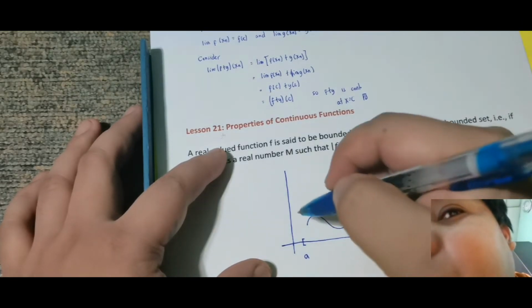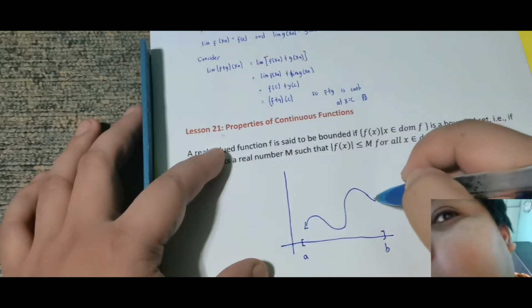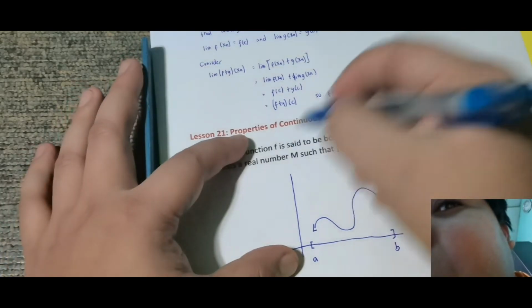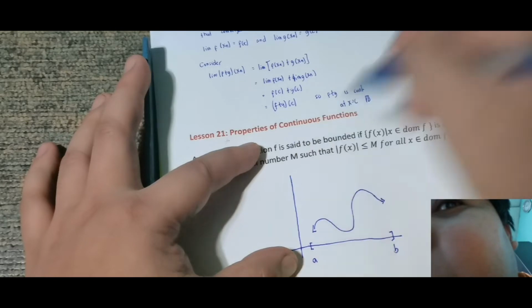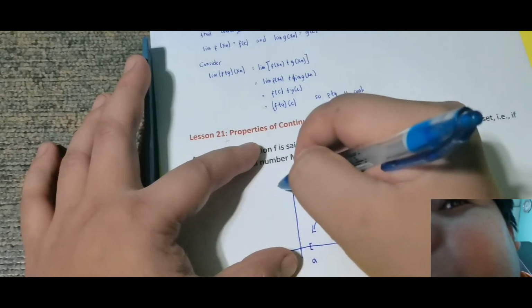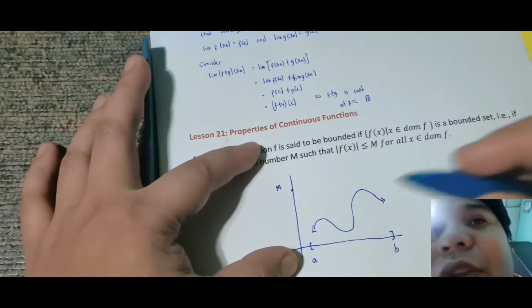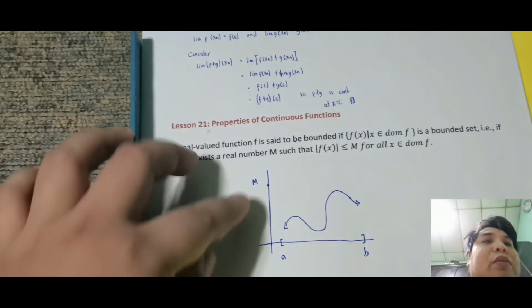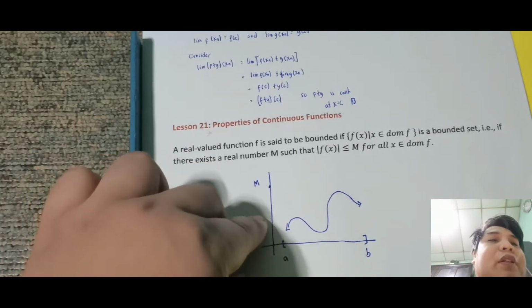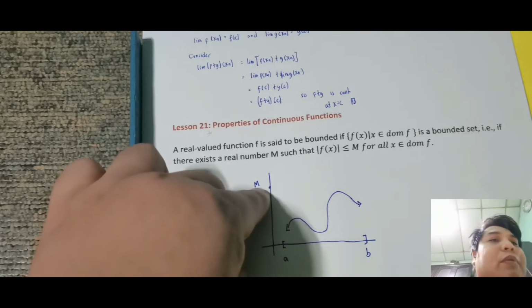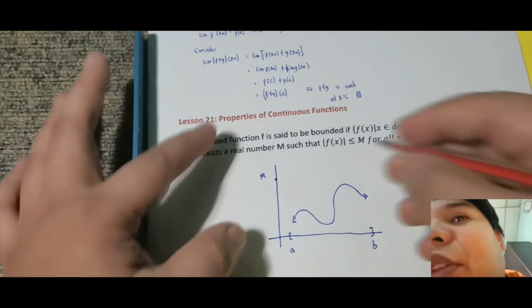Anong nangyari is that bounded siya somewhere dito by point M. So yung mga point dito, ito yung mga f of A, f of B, f of A sub 1, f of A sub 2, somewhere dito siya bounded.